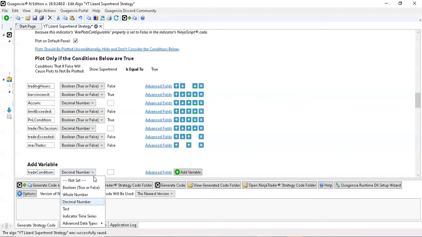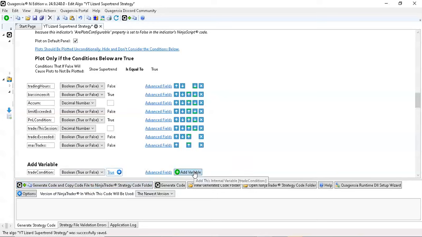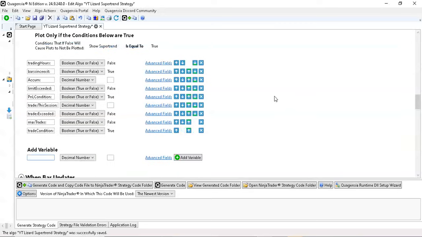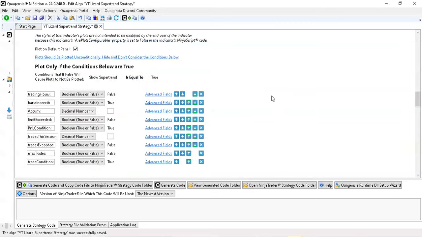Make this a boolean as well. All right, so we got our variables set up.